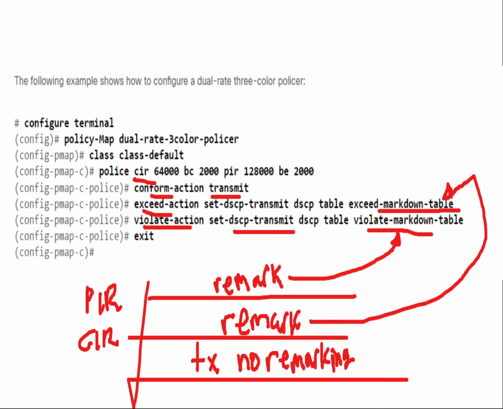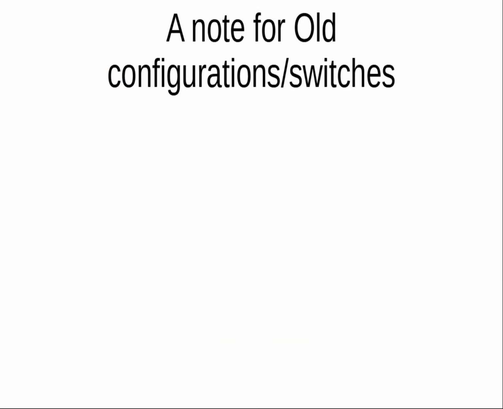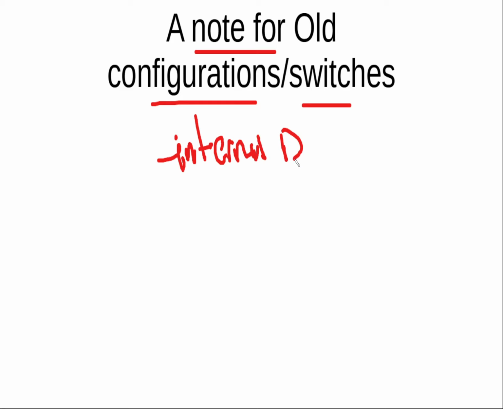Okay, those are all the examples I have, and this is a note for all configurations for all switches. This is bonus information. Just an explanation here: Catalyst switches have always used something that is known as the internal DSCP.